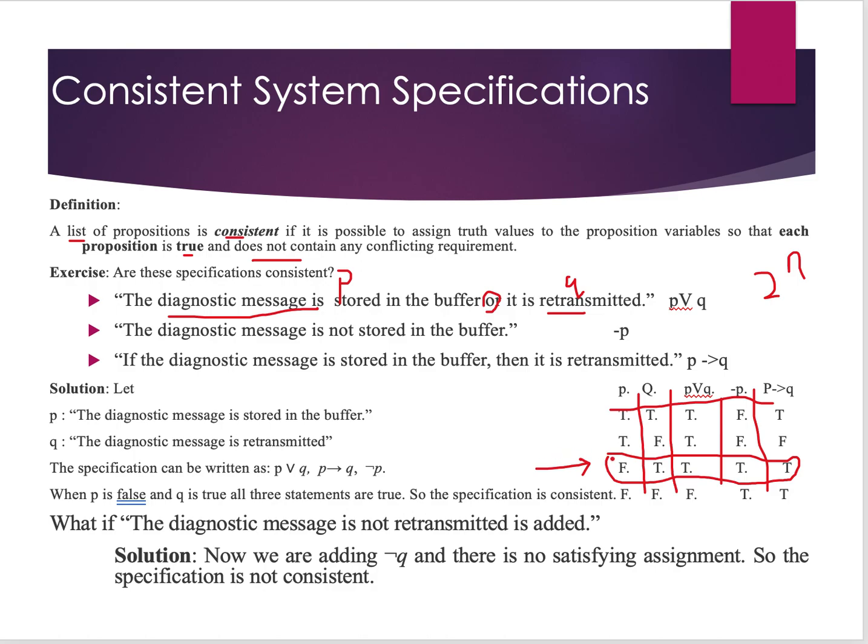So in order to make sure that all these propositions are fulfilled, we have to make P false, and Q must be true.